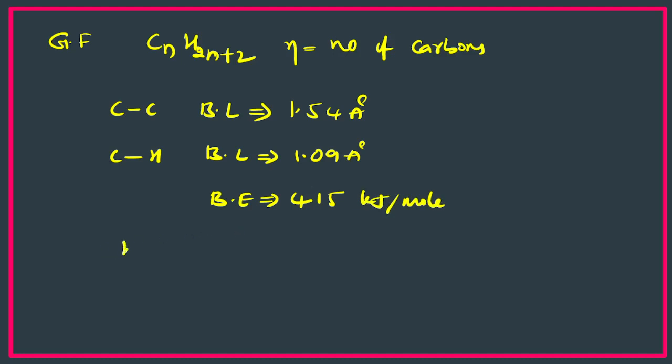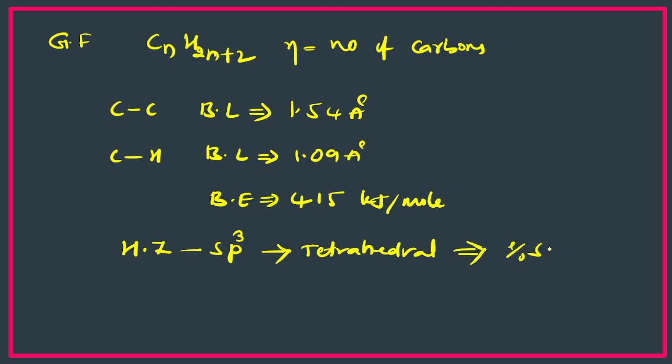The carbon-carbon single bond hybridization is sp3, and its shape is tetrahedral. In sp3, the percentage of s character is 25%.